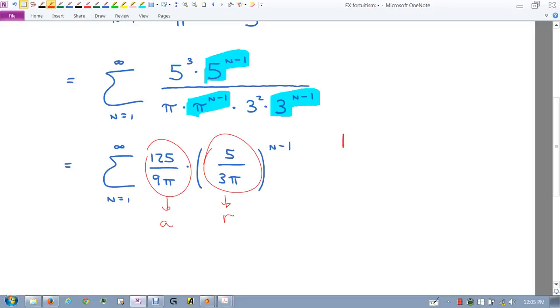What is the absolute value of R? The absolute value of 5 over 3 pi? Well, pi is about 3. 3 times 3 is 9. 5 ninths, I mean, this is smaller than 5 ninths, so it's definitely less than 1, isn't it? Check. That means it converges.